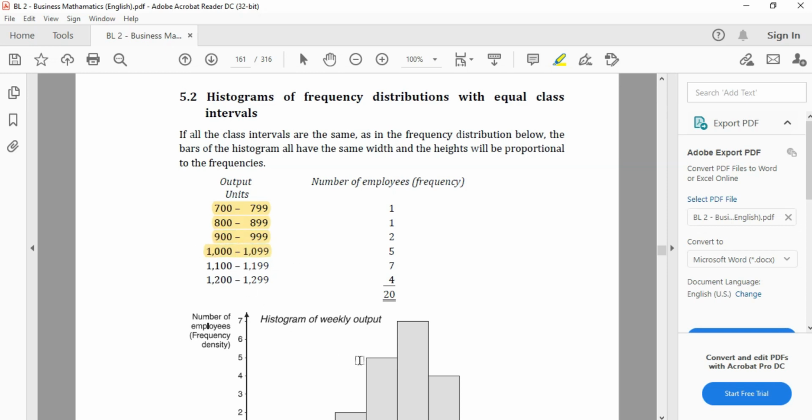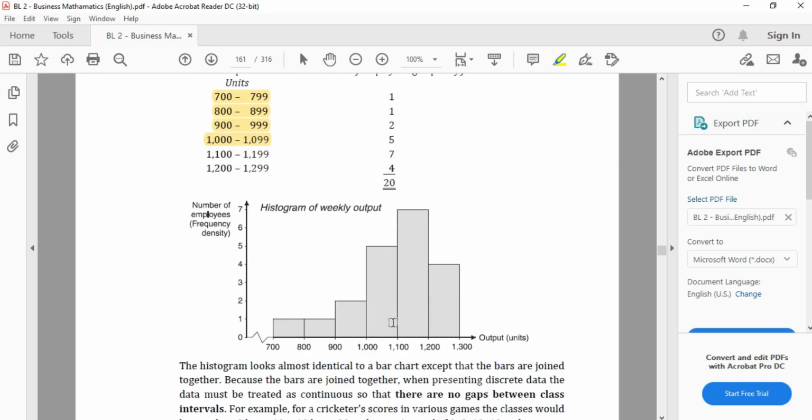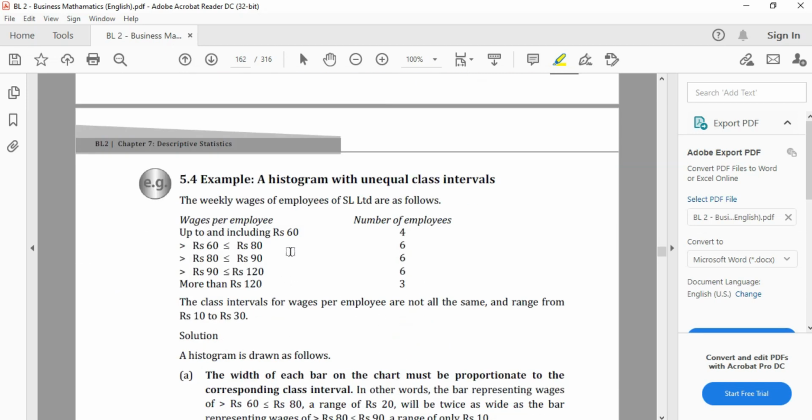They are now trying to draw a histogram for a situation where the gaps are not equal, as in this example. So this is up to and including 60. Here is a gap of 60 to 80, which is 20. But the gap between 80 to 90 is only 10. So it is an unequal class interval.